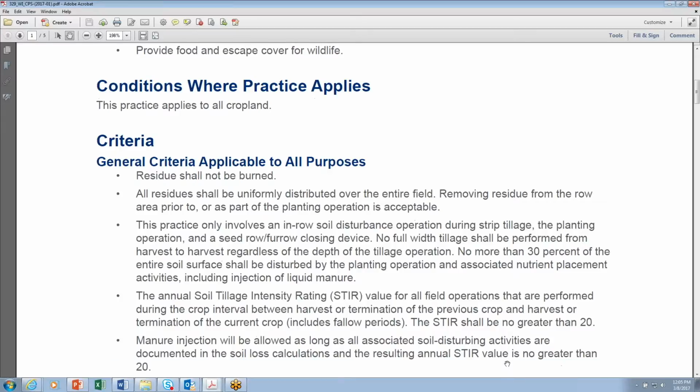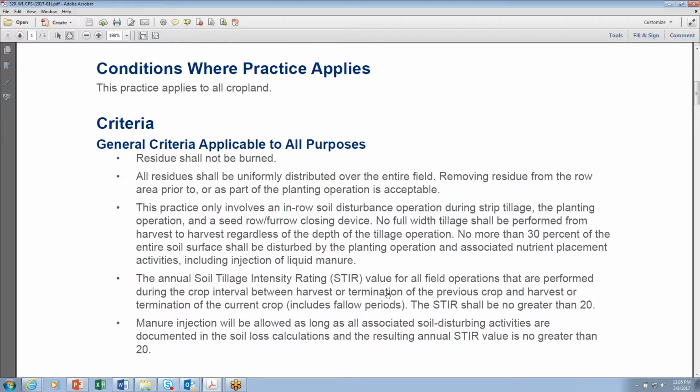This practice involves only in-row disturbances, so there can be no full width tillage being performed from either harvest or from any kind of tillage operation. So what that's really defining is that no more than 30% of the entire soil surface can be disturbed by either planting or nutrient placement, in other words, manure application or fertilizer applications, in order to meet this practice standard.